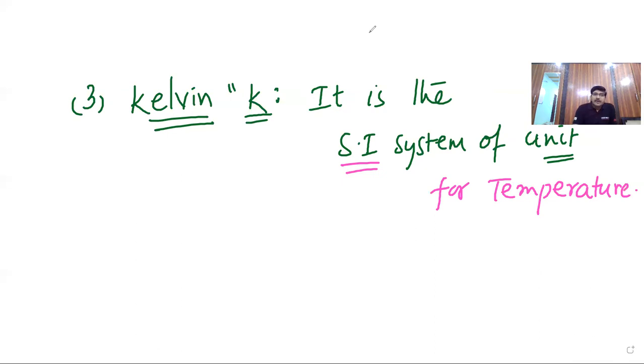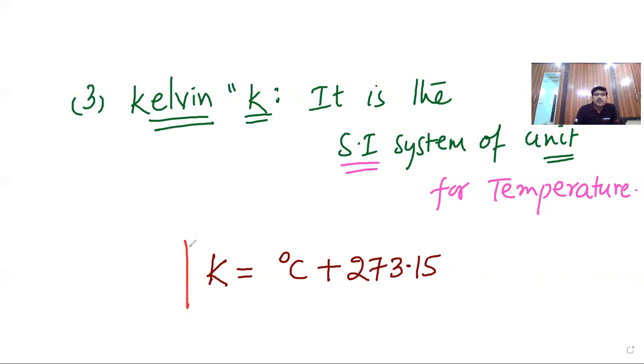There is a simple conversion formula. If you want to express temperature in Kelvin from centigrade, take the temperature given in degree Celsius plus 273.15.